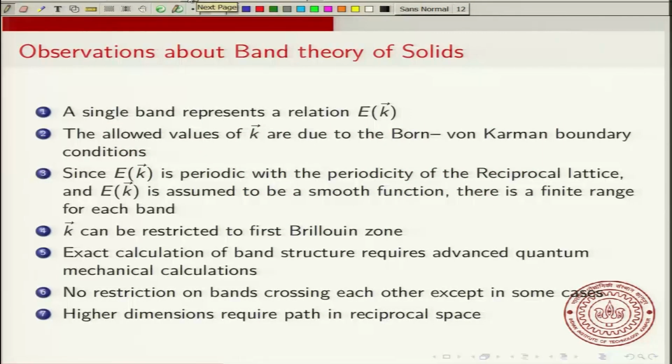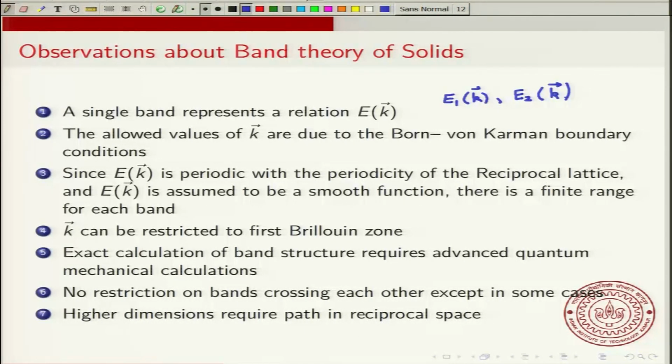Now, let me make some observations about band theory of solids. Okay. So, we have already seen how we got bands, and what I want to say is that a single band represents a relation E of k. Okay. And basically you have different bands, given by E1 of k, E2 of k, etc. So, each particular band will have its relation E of k.